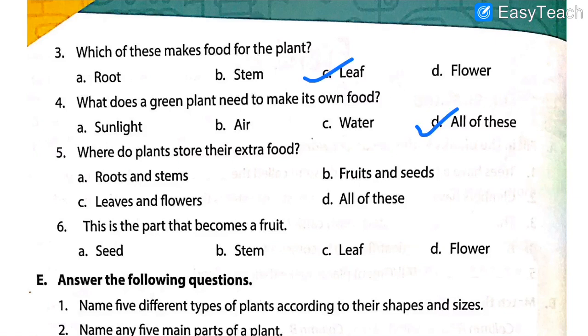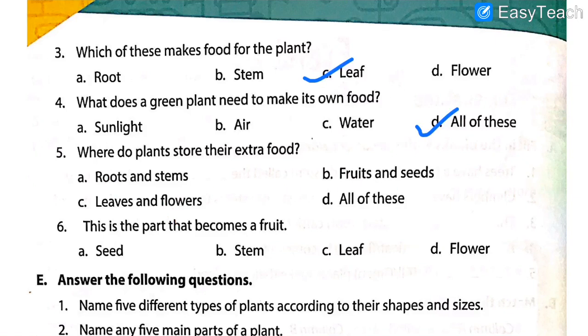So according to our lesson, plants store extra food in roots, stems, fruits, seeds, leaves, flowers, in all the parts. In all these body parts, plants can store their extra food. So all these parts are correct.